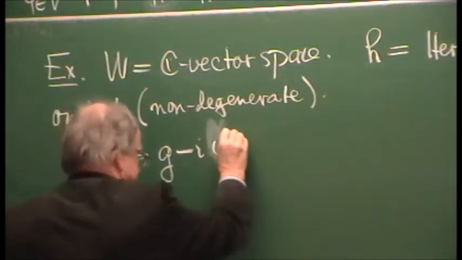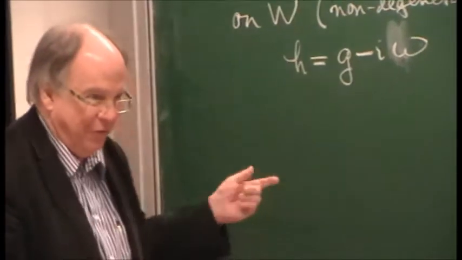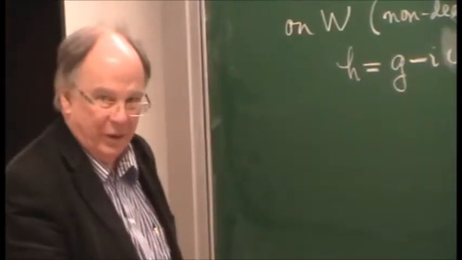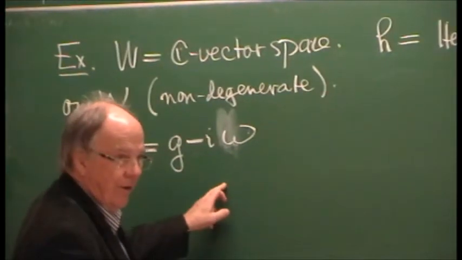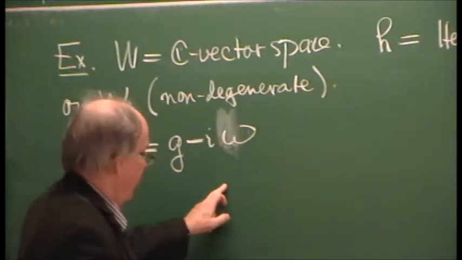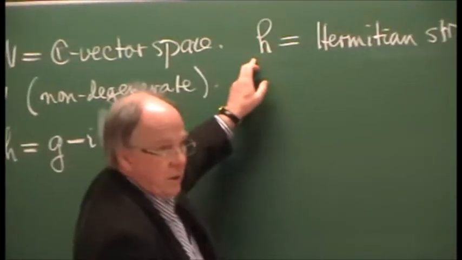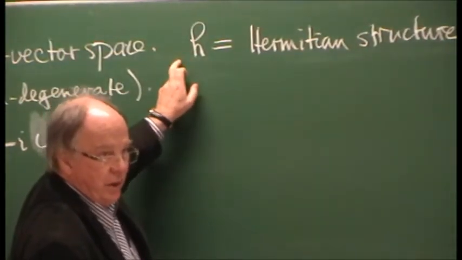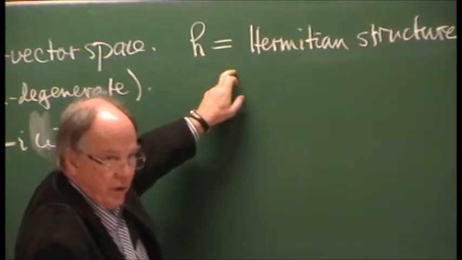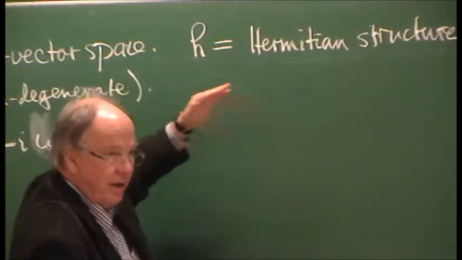And the letter omega is, in this lecture, very appropriate. So, what is a Hermitian structure? Depending on your choice, it's complex bilinear, linear in one argument and antilinear in the other. If you reverse the arguments, complex conjugation comes outside, and it's non-degenerate.